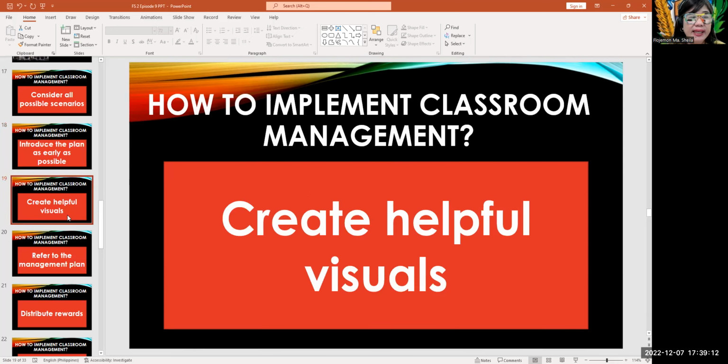Next is create helpful visuals. You can also have a poster or sign with the list of the penalty for breaking a rule, so you can refer to it when needed. So meaning you should have a poster on a certain side of your classroom where, when a student has broken a certain rule, you can write the penalty and they can accept that they did something wrong and be able to sign it.